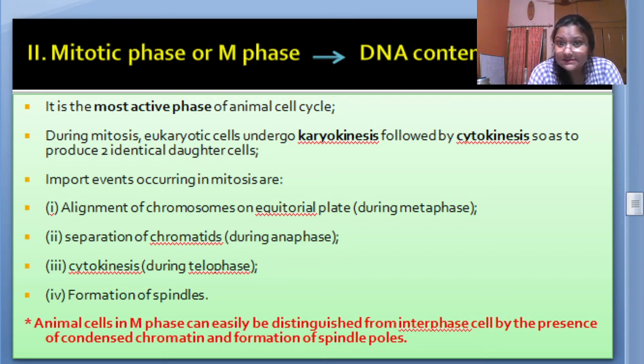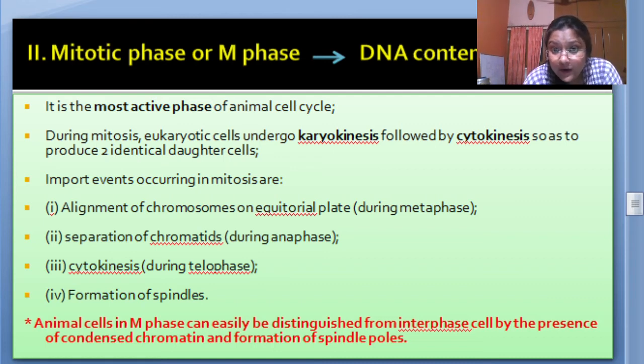In metaphase, the next phase, all the chromosomes arrange themselves in the equatorial plate, in a linear line in the middle. Then in anaphase, separation of the chromatids, the duplicated DNAs, occurs. And then cytokinesis occurs, during telophase. And formation of spindles will occur before cytokinesis.